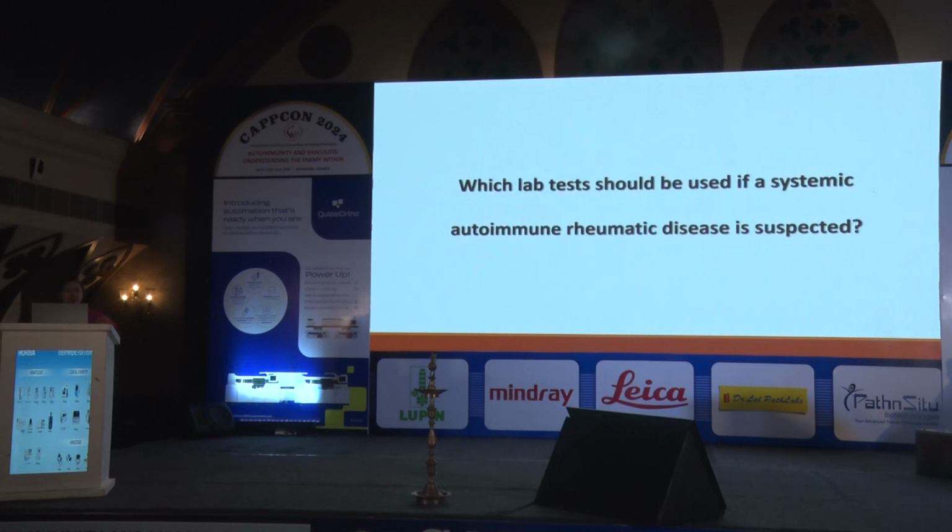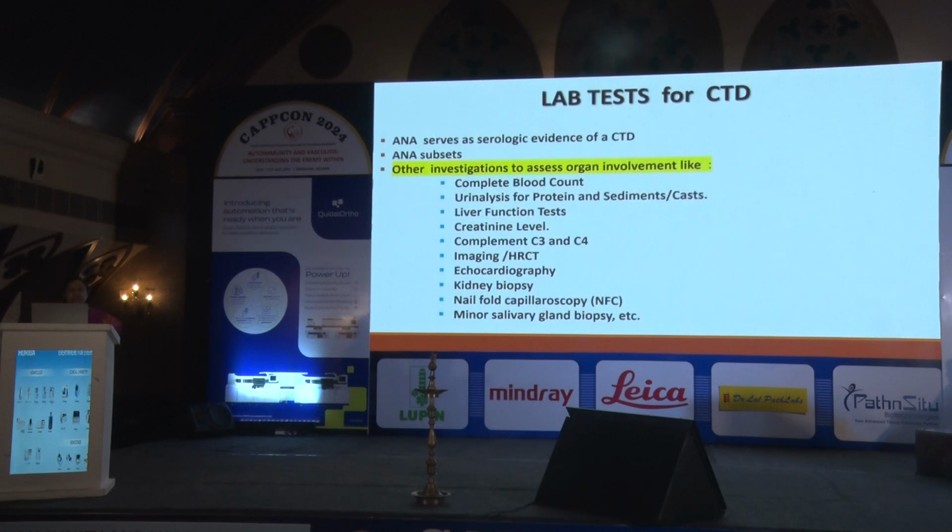Now, coming to which lab test should be used in these SARDs patients. So ANA serves as the serologic evidence of CTD, where the ANA patterns reflect the target antigens and the possible disease association.